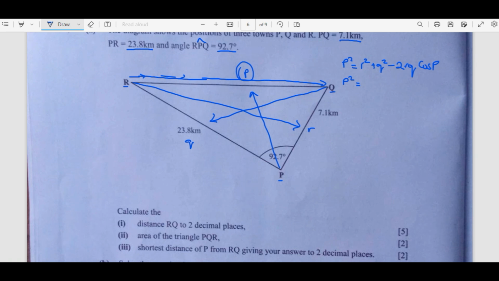In this case we can substitute. So P squared is equal to, where is R? R is 7.1, so 7.1 squared, plus Q, where is Q?